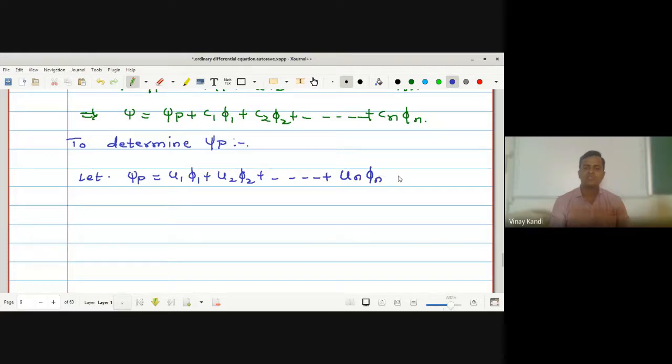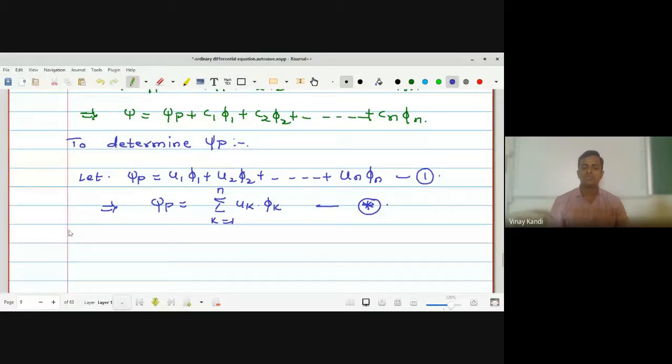Give it as equation number 1. Suppose this is your psi p. It implies that psi p is equal to summation k is equal to 1 to n uk into phi k. Give it equation star.